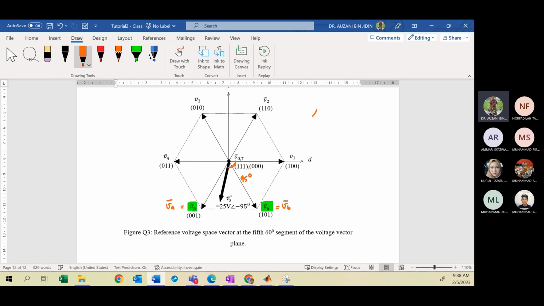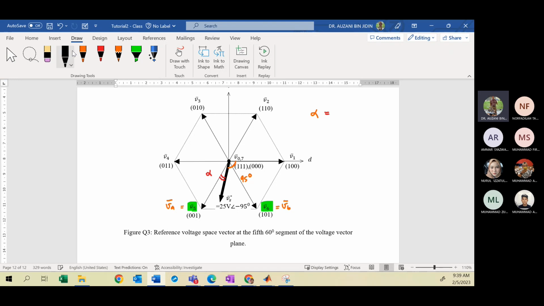So remember the alpha. It is the angle difference between the first adjacent vector to be selected, which is V5, and VS. So you must define your alpha here. So how to calculate the alpha? You can calculate this angle first.